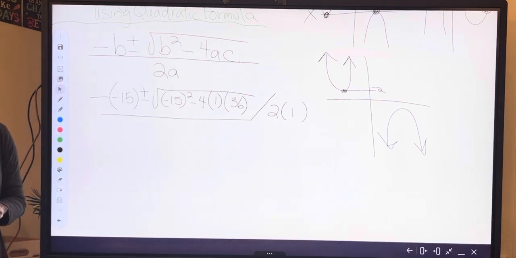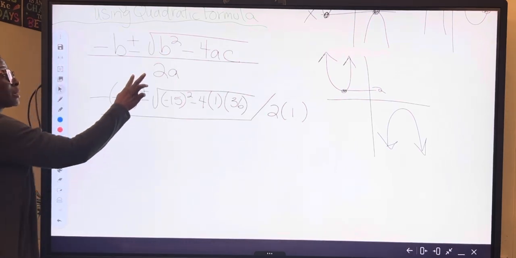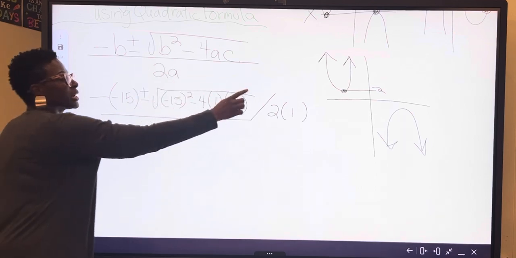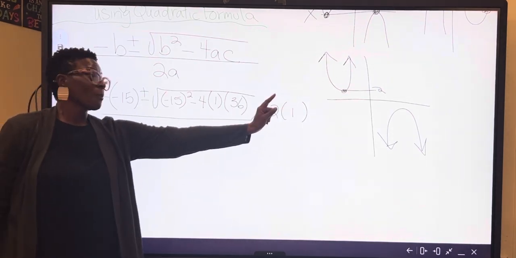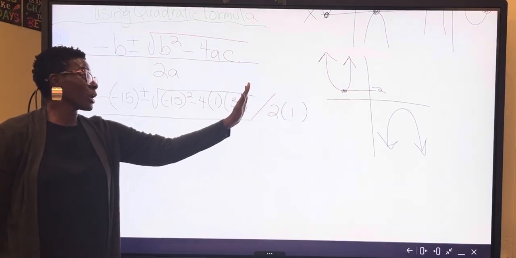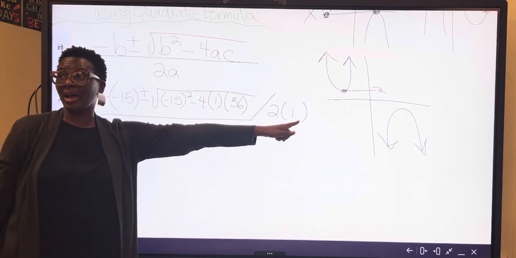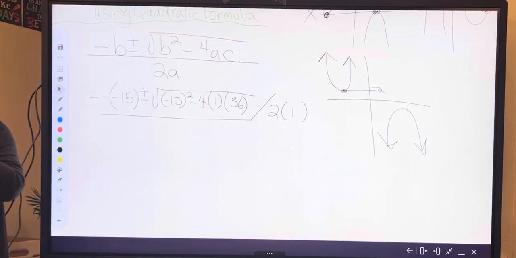Notice instead of it being at the bottom, I'm putting it on the side, so I don't take up a lot of space. But this just means division, so you have to do this part first, and then you divide by that. Are we all clear?